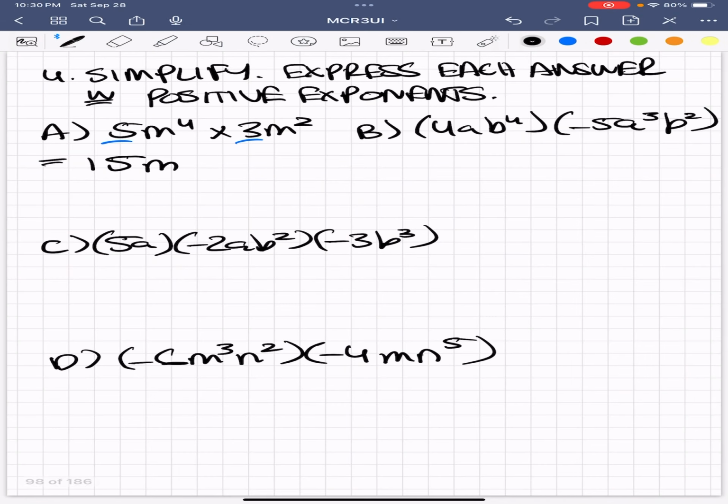So we have m to the power of 4. The coefficients multiplied together equal 15, and then we add these exponents together, so 4 plus 2 equals 15m to the power of 6, and that's our final answer.